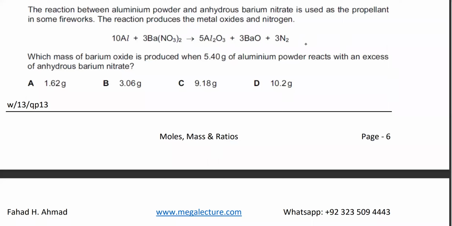Even here, you can see that the ratio of barium nitrate to nitrogen is 1:1. It's 3:3, which is 1:1, because the nitrogens need to be balanced. If there are 6 nitrogens over here, you've got to have 6 nitrogens over here as well. So no matter what numbers come with these things, we don't need to know the entire equation. We just need to know the ratio of the concerned quantities.